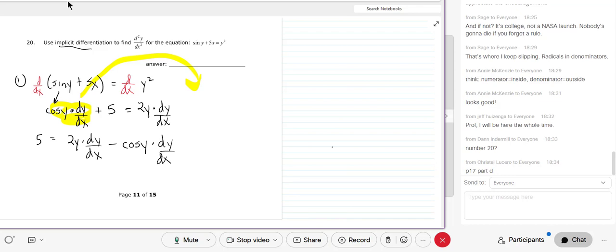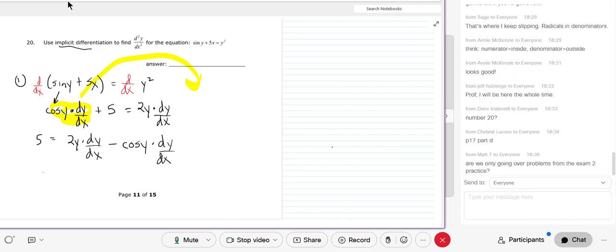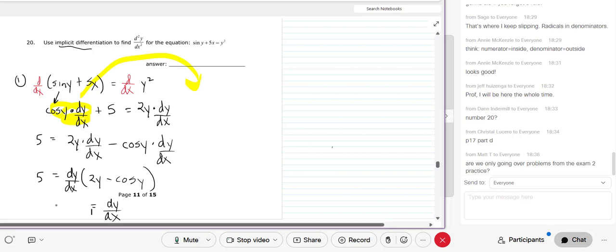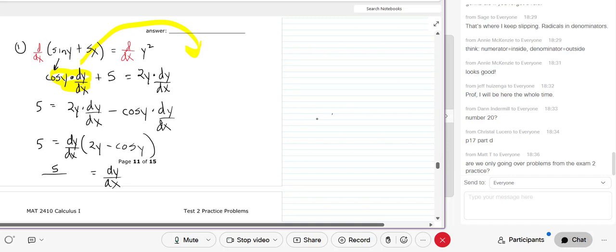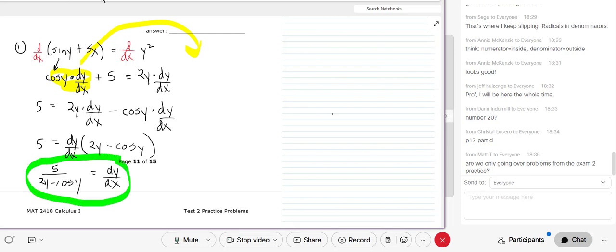Now you can factor that out, and we'll have dy over dx times 2y minus cosine y. Then we can divide both sides by that quantity, and you can do that in your head. So dy over dx is equal to 5 over 2y minus cosine y.